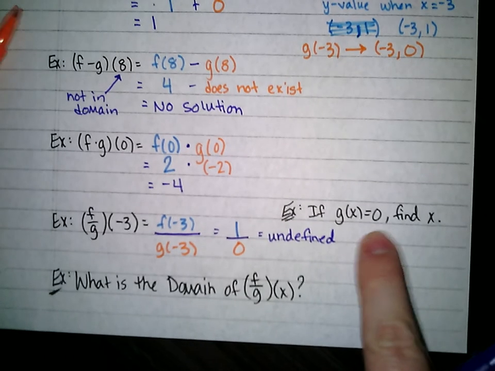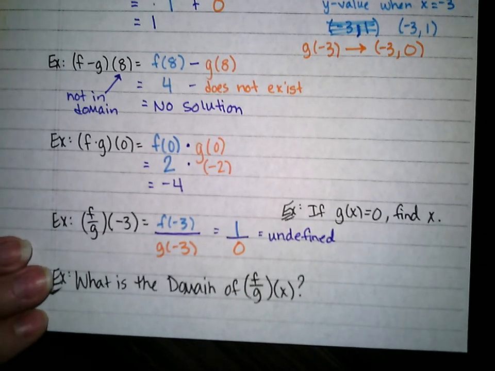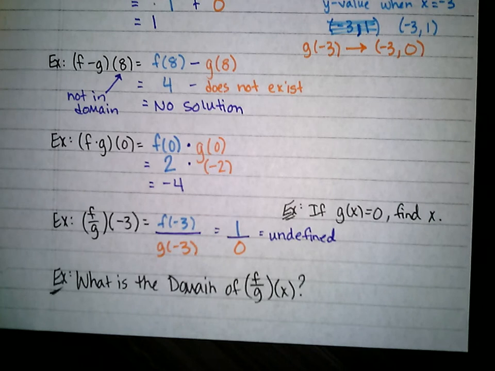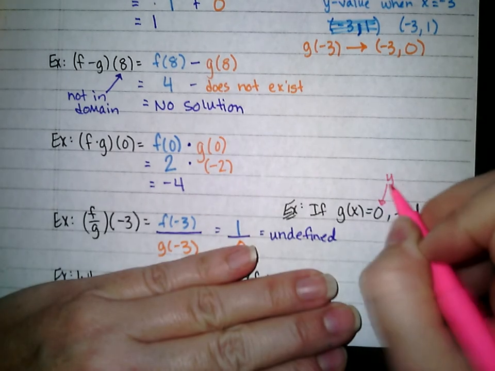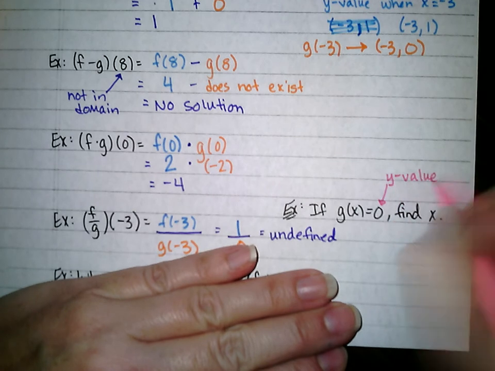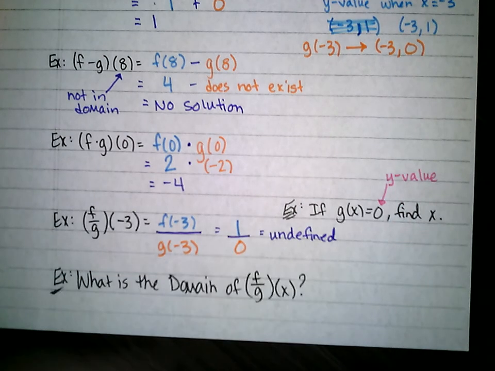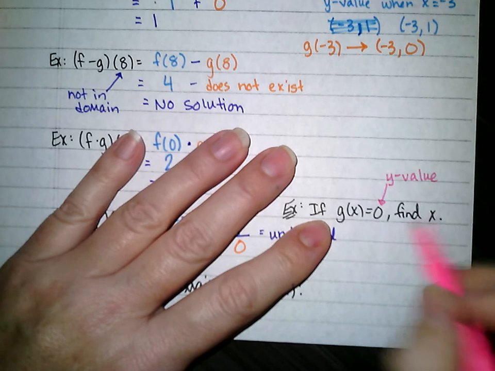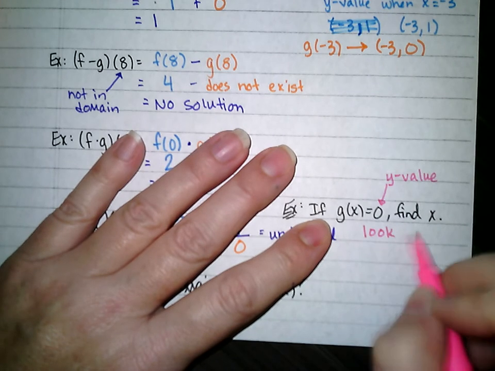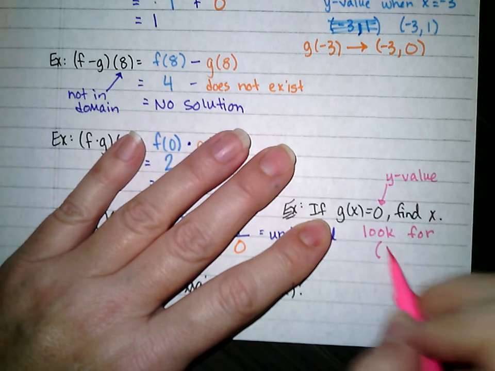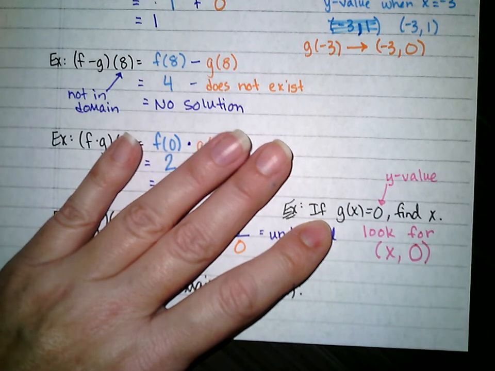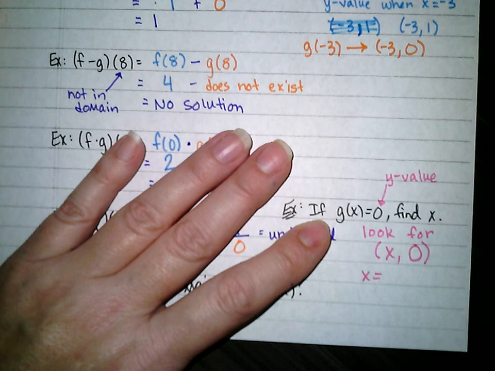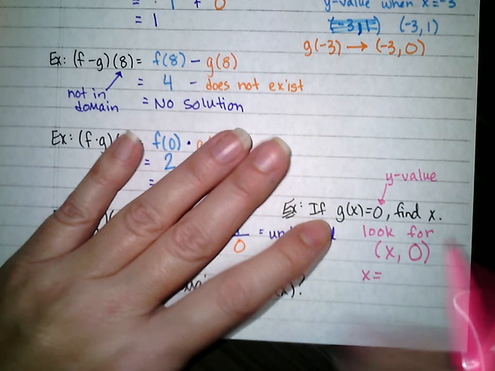Let's reverse it. If g of x equals 0, find x. So this is asking me, this is a y value. If g of x equals 0, find x. So I am looking for ordered pairs on my graph that would have some x value and then 0 for the y value. And my answer is going to be what x equals when y is 0.